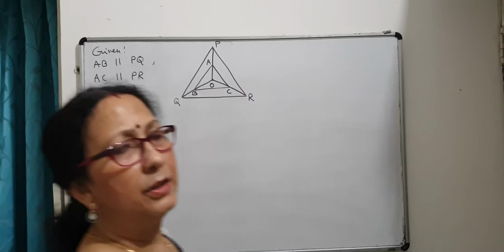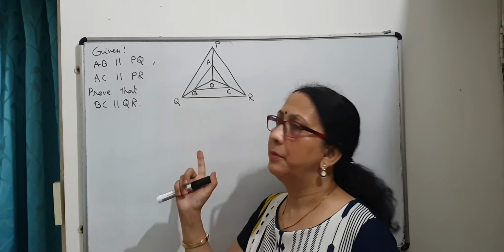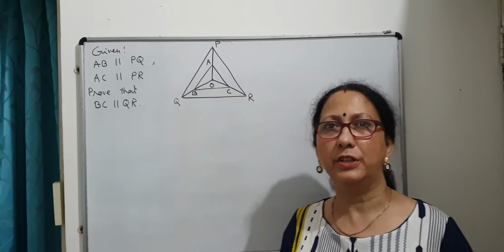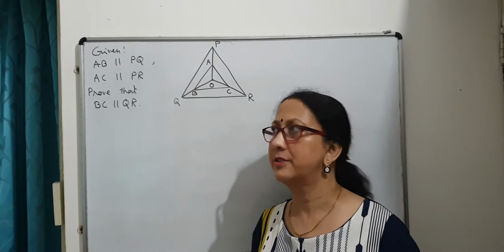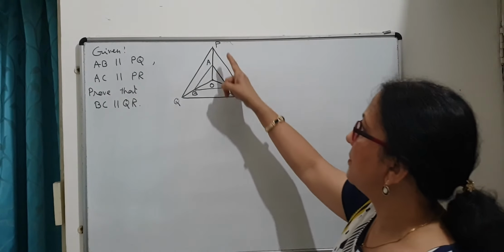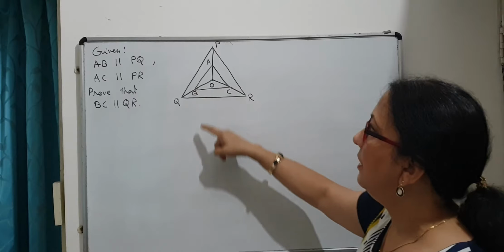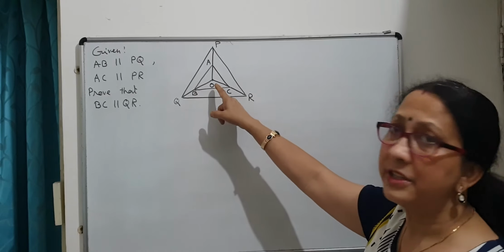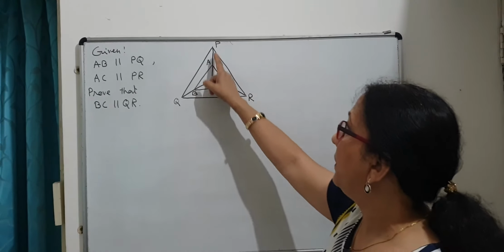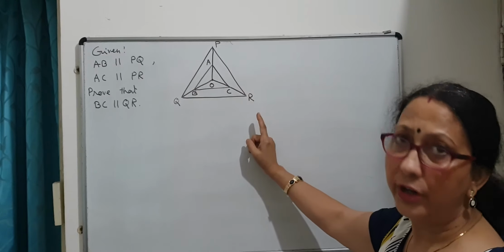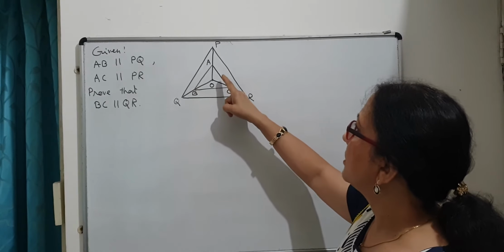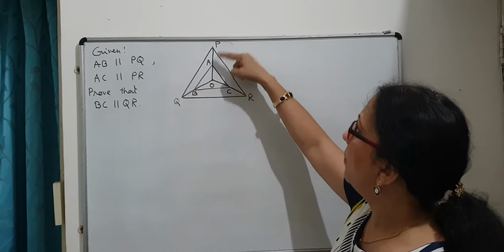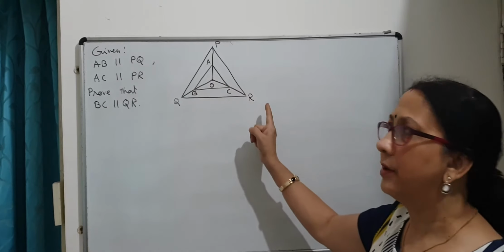Now I have taken a question where I'll be showing the application of both the theorems, BPT and its converse. So what is the question? PQR is a triangle and O is a point inside the triangle, and OP, OQ and OR are joined, and 3 points A, B, C are taken on OP, OQ and OR.